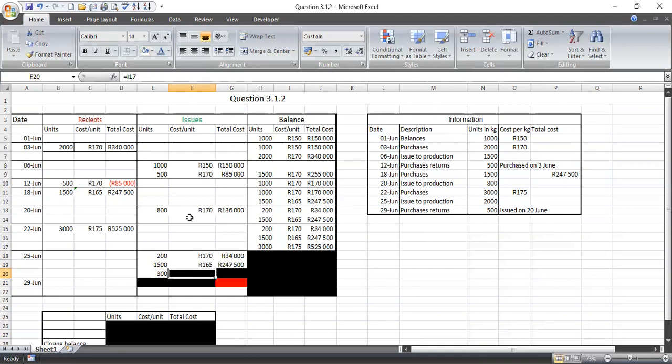So our cost per unit will be 175, and our total cost, I think that's a mistake. Oh, no, it's not a mistake. At a total cost of 52,500. So now that we have issued these products, we have to calculate our balance after this issue took place.